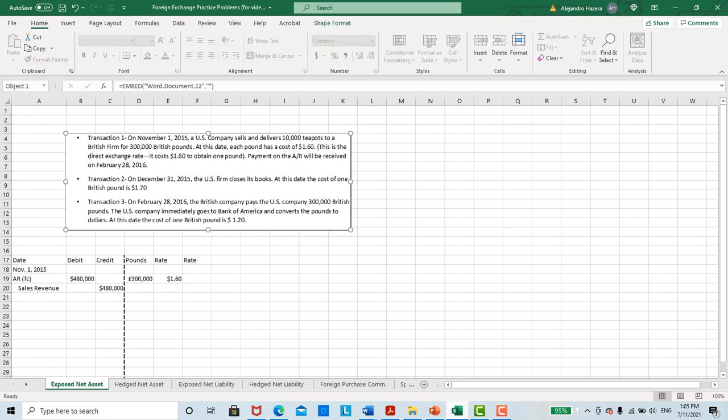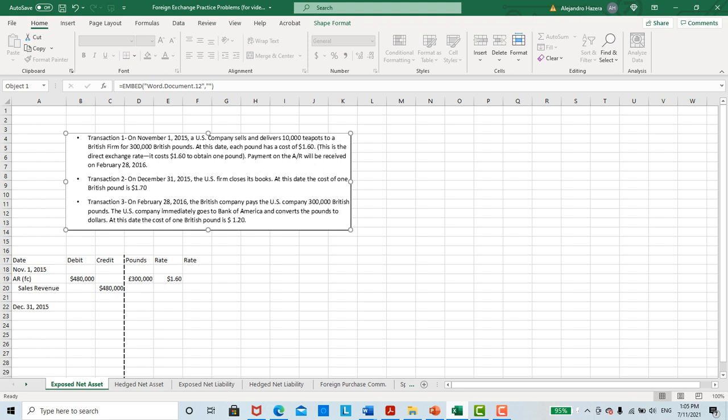The next transaction is simply that you have a date on which you close your books, which is December 31, 2015. The only thing that happens is, there's been no exchange. There's absolutely no exchange of currencies here. The only thing that has happened is that the value of the pound is now $1.70.